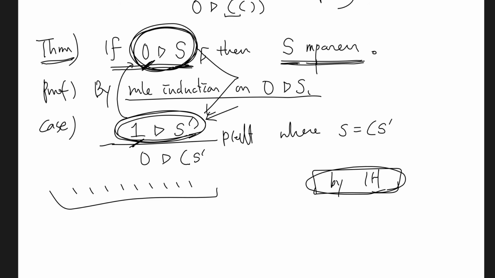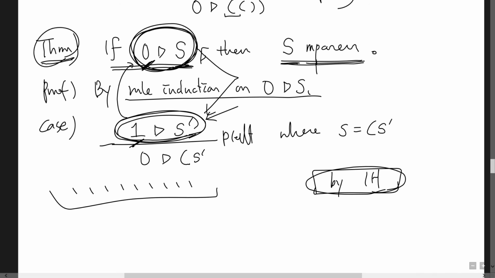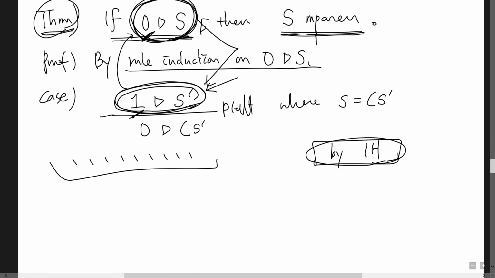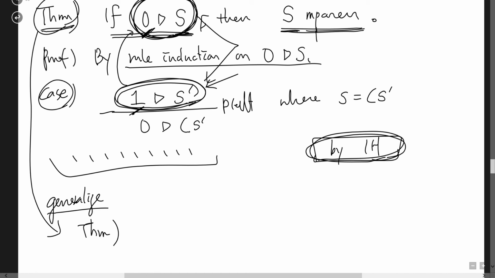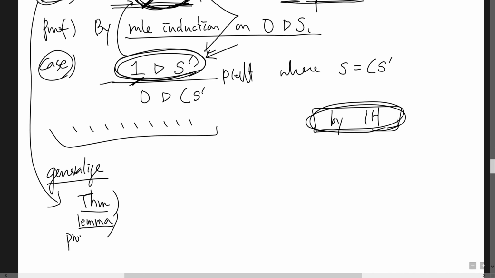So in order to be able to apply rule induction, we have to generalize this statement so that the induction hypothesis can be obtained from the premise. This is the generalized statement. You may call it a theorem, or a lemma, or a proposition.